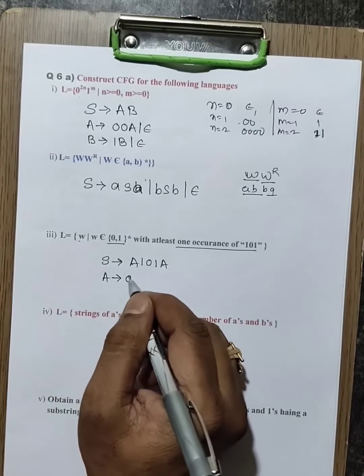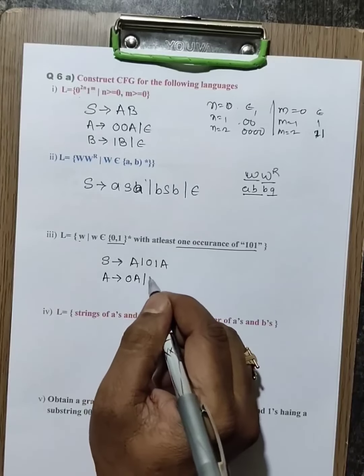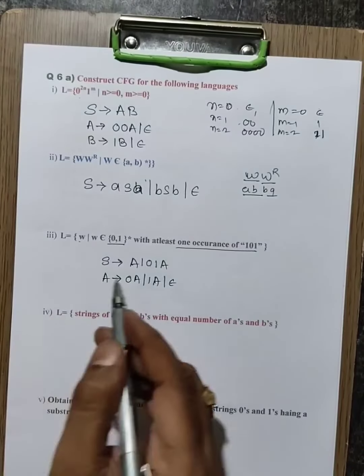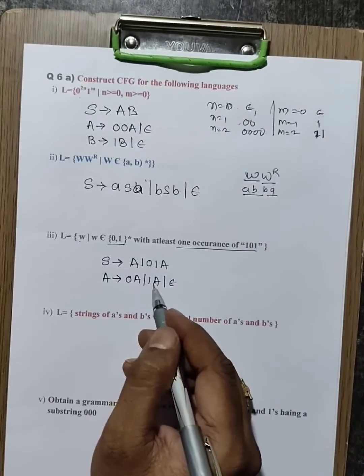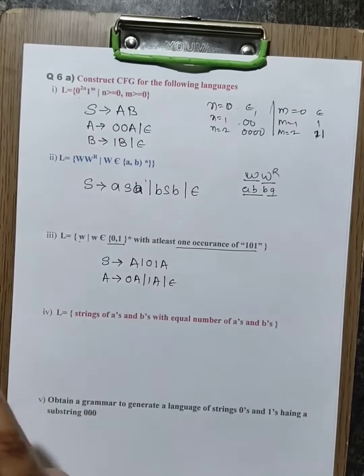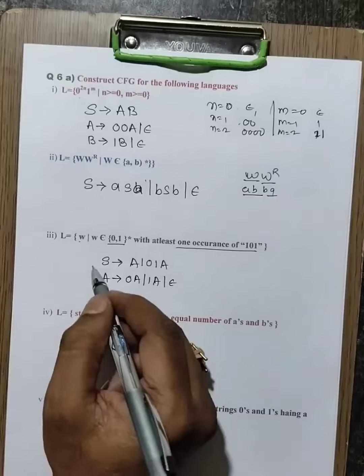A can produce 0 A, 1 A, or epsilon. Any number of 0s and 1s, before or after, and in between these two there is one string. At least 1 0 1. This is the grammar.